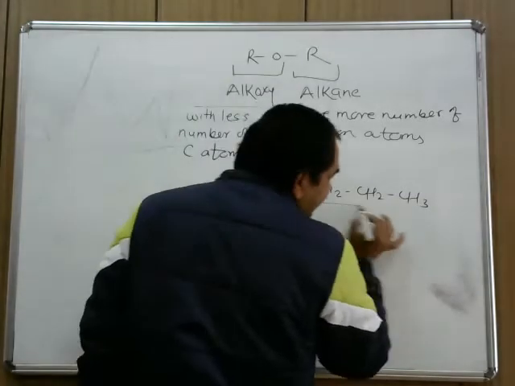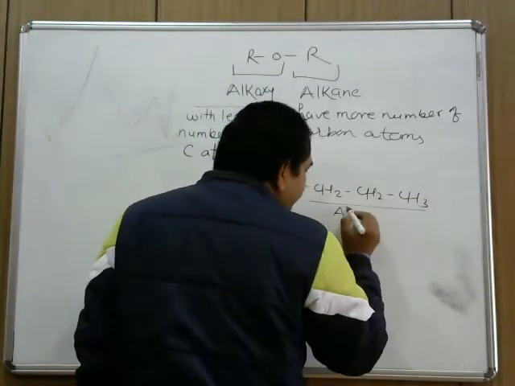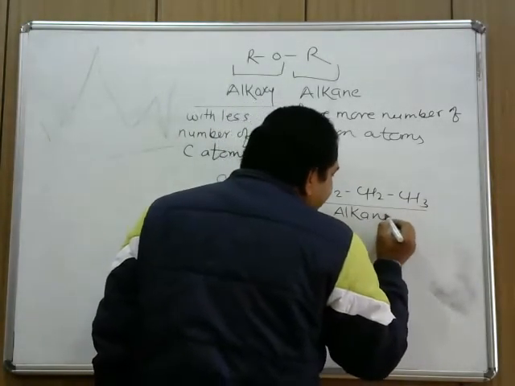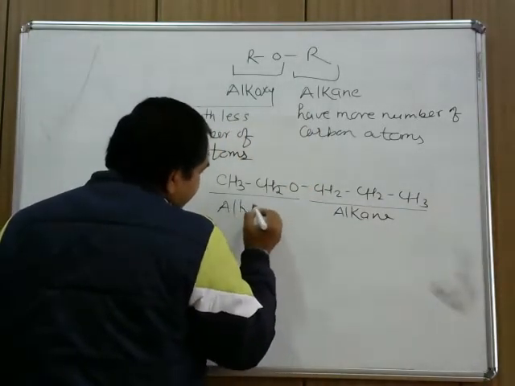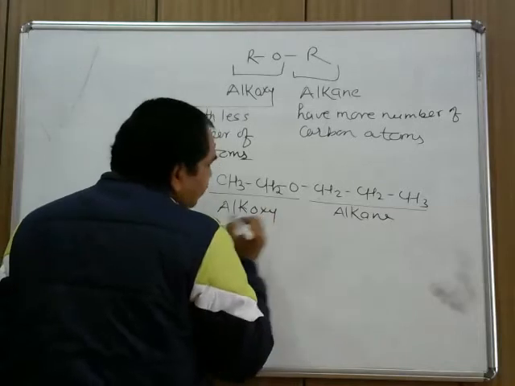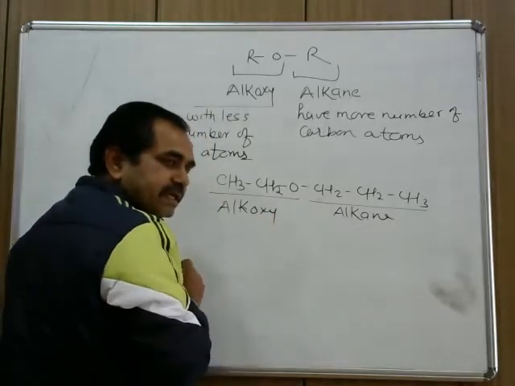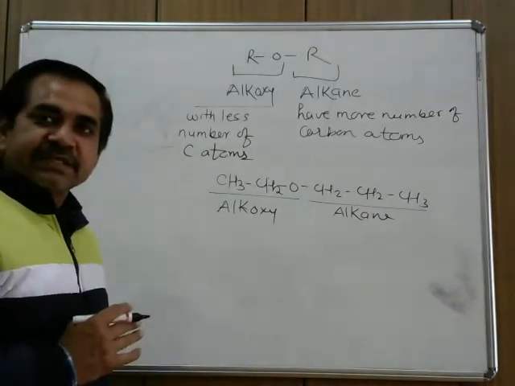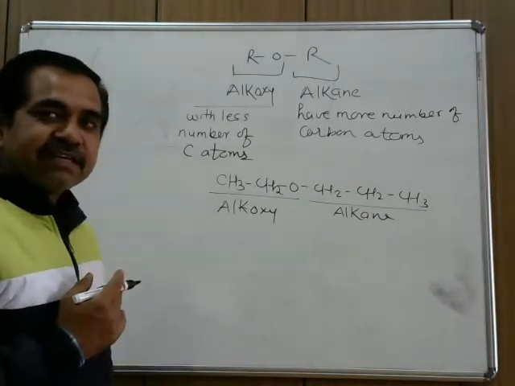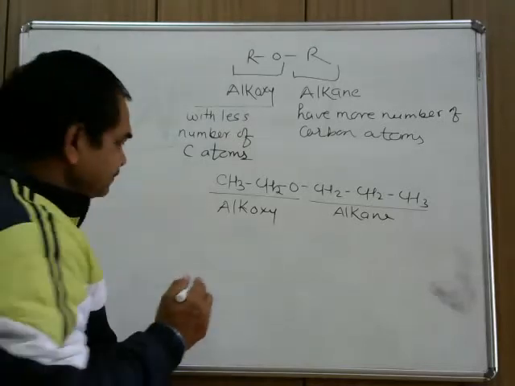So this is treated as the parent compound or alkane, and this should be the alkoxy group. And if the compound is written in reverse form, even then that does not make any difference.